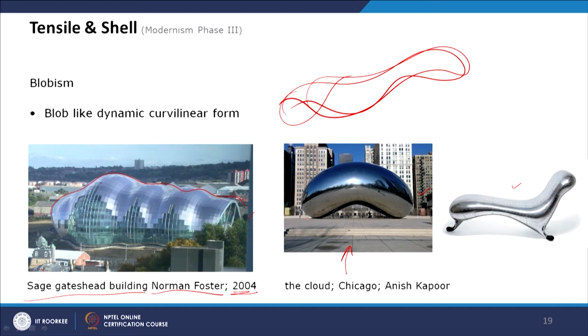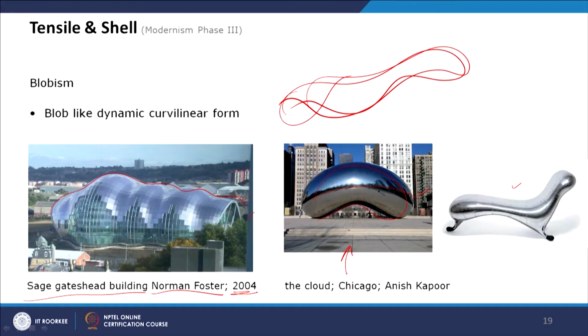It reflects the Chicago skyline in the cloud-like structure. If you can go inside, it is like a twisted concave and convex mirror showing the Chicago skyline, and it also falls under blobism.